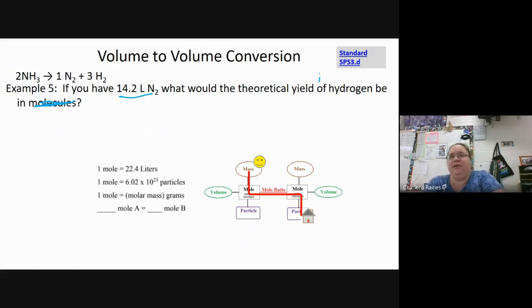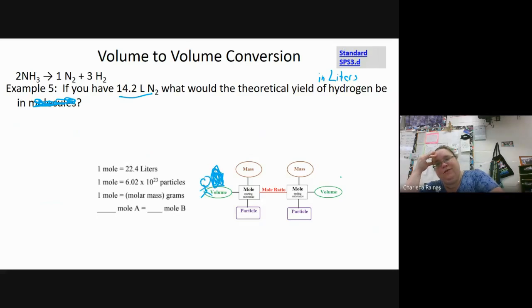Theoretical yield in liters of hydrogen. Apologize for the typo. So my mole map does not look like this because I didn't change my little pretty pictures. Volume to volume. I'm going from volume to volume.